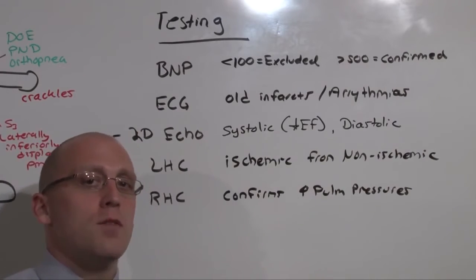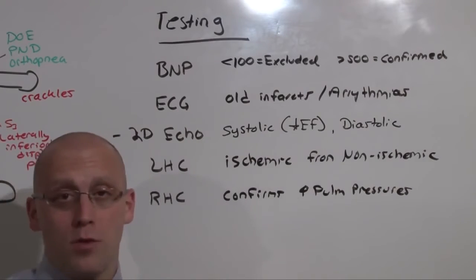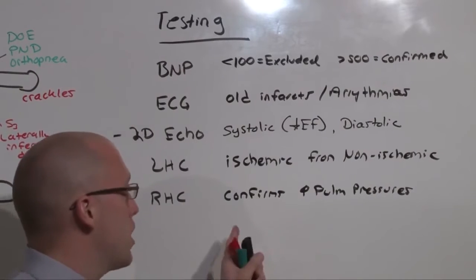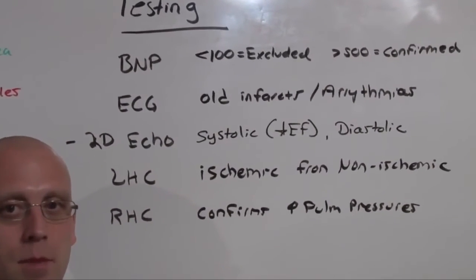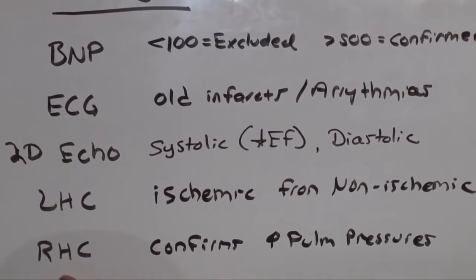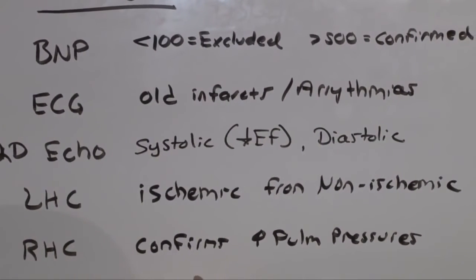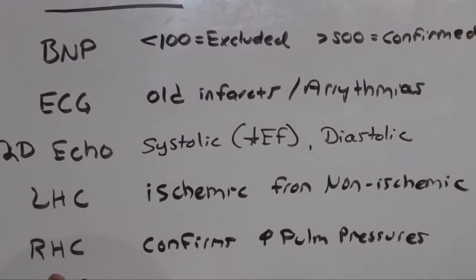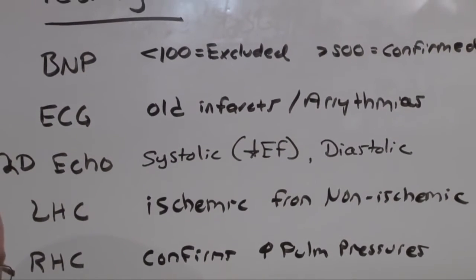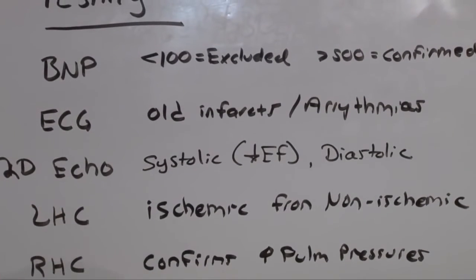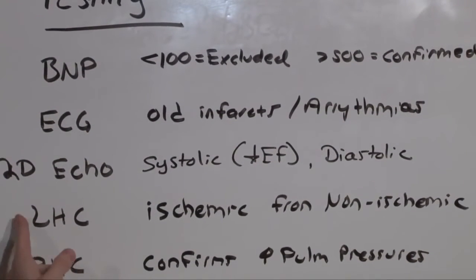If you think you have left ventricular failure because you have crackles and you don't have elevated pulmonary pressures, that's non-cardiogenic. You want to ensure that what you found is indeed a cardiogenic pulmonary edema. The right heart cath confirms elevated pulmonary pressures in the setting of left failure. Now, let me just make this clear. You are not cathing the right heart and the left heart.